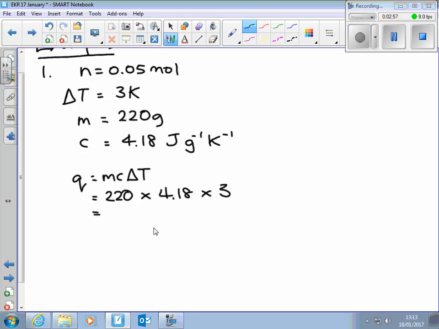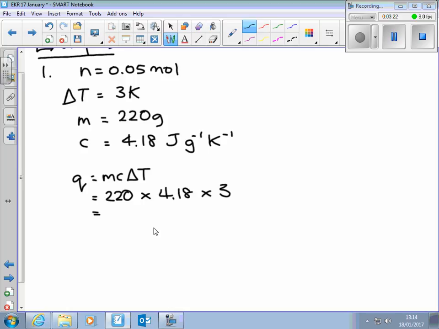So whatever that is. I have a calculator that the battery has gone in. I'll do the job. Okay, 220 times 4.18 times 3. Hopefully we're getting 2758.8. Yeah, good.